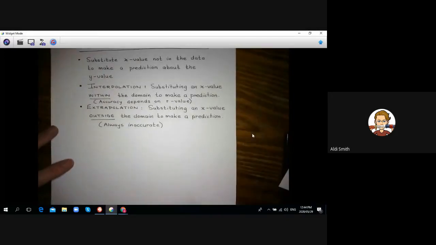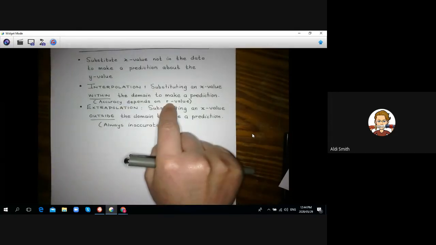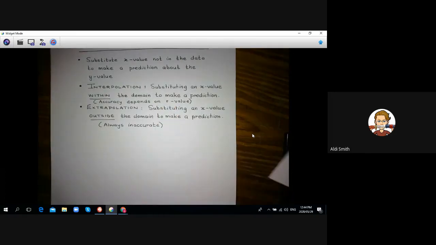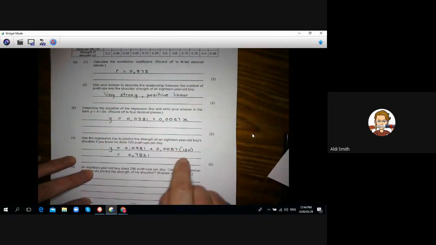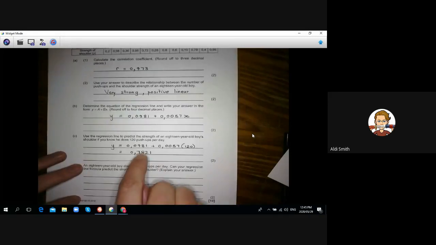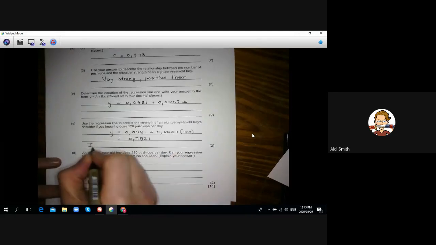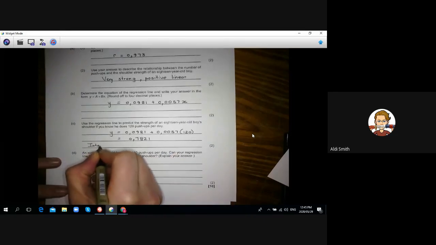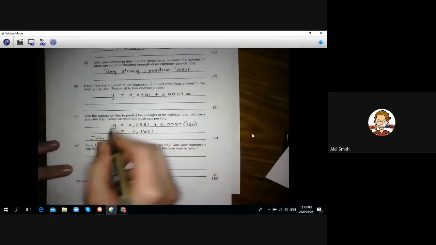So why are we talking about interpolation and extrapolation? With interpolation, the accuracy depends on the correlation coefficient. If the correlation coefficient, like with this one, shows that we have a very strong correlation, then this is accurate. So if we now say, is this accurate or not? We can say, yes, it's interpolation. I know they didn't ask it here, but I'm going to write this down anyway. You always have to mention if it's interpolation or extrapolation.